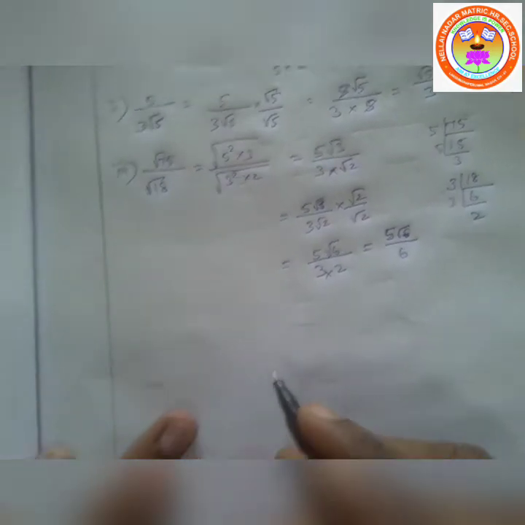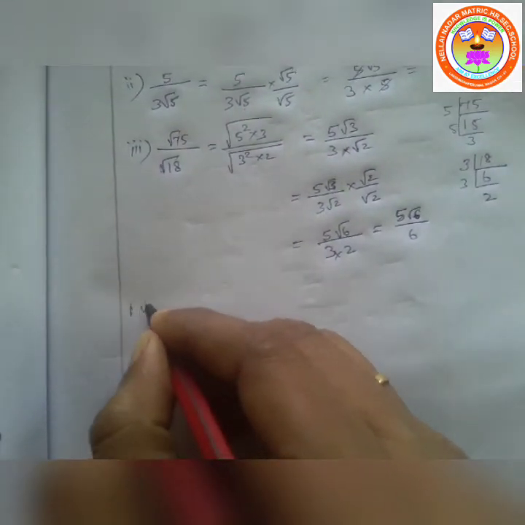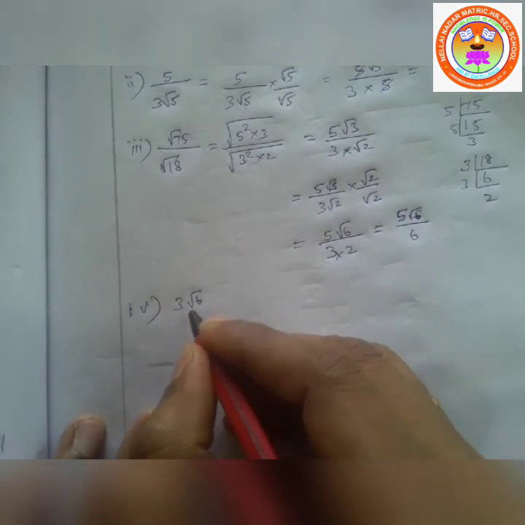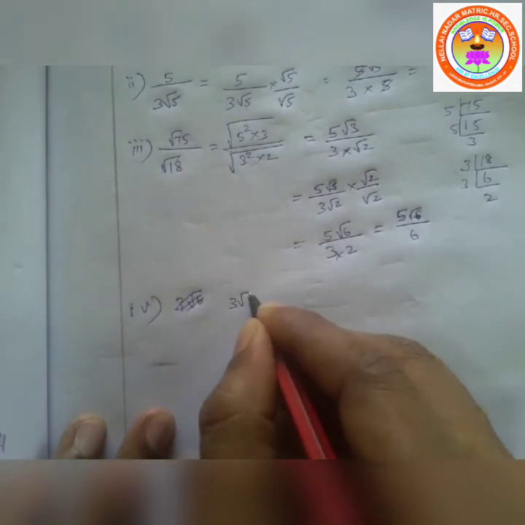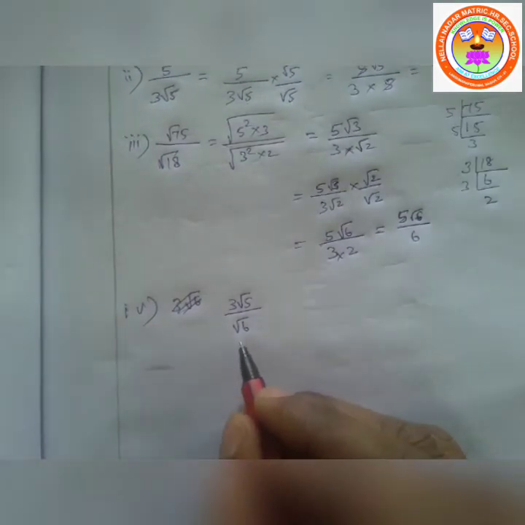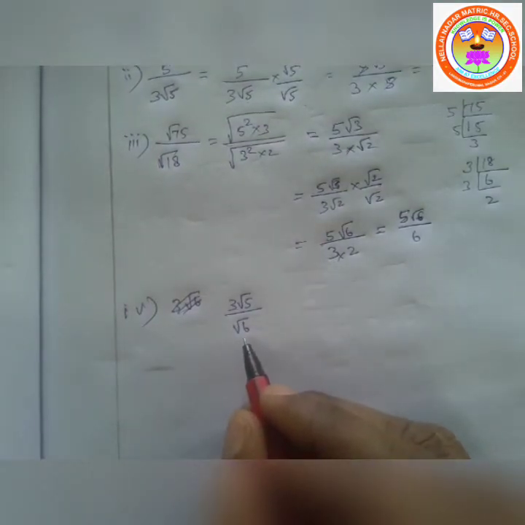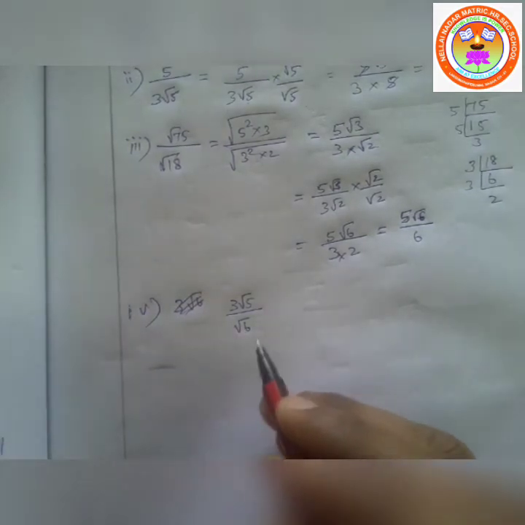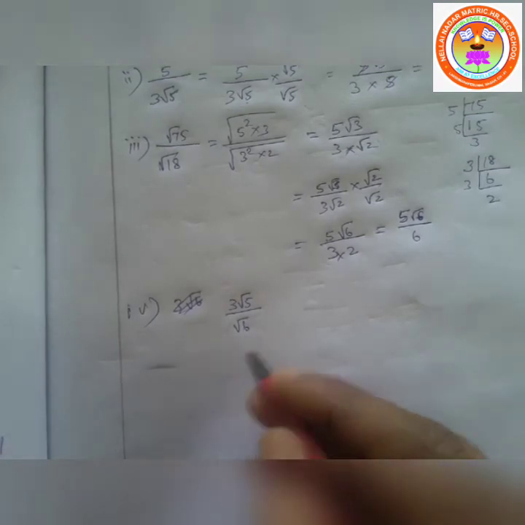Now we will move on to the fourth subdivision. 3 root 5 by root 6. What we have to do here, sir? Here the denominator is root 6. This denominator only we have to rationalize.